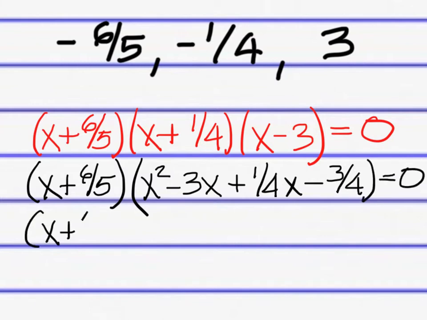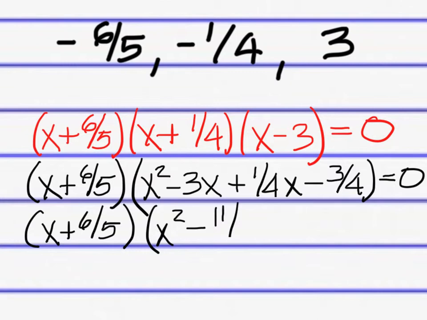Leaving the first quantity alone again, I will go to the second one and simplify the middle terms. Negative 3 plus 1/4. A denominator of 4 is needed here. If you do that, 4 times 3 is 12. Negative 12 plus 1 is negative 11.